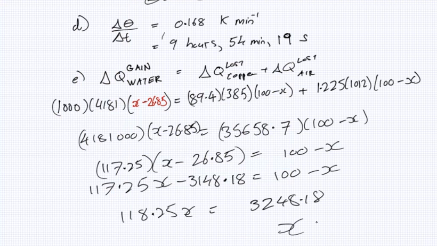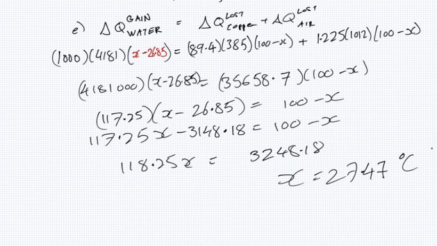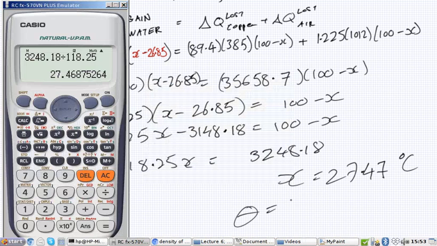27.47 Celsius. So if we just put this in Kelvin, since I gave the temperature in Kelvin, it would only seem right: 300.6 Kelvin.